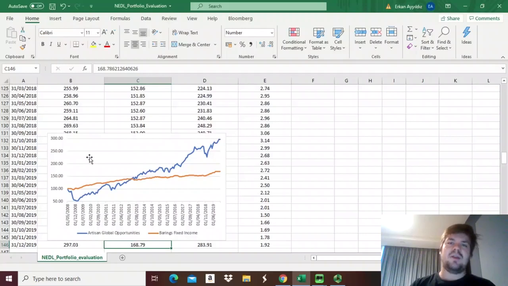To calculate the three simplest risk-adjusted performance measurement tools that are Sharpe ratio, Treynor ratio, and Jensen's Alpha, what we need to do is we need to consider a benchmark, which is most of the time a valid representation of the general stock market where our investors are based in.